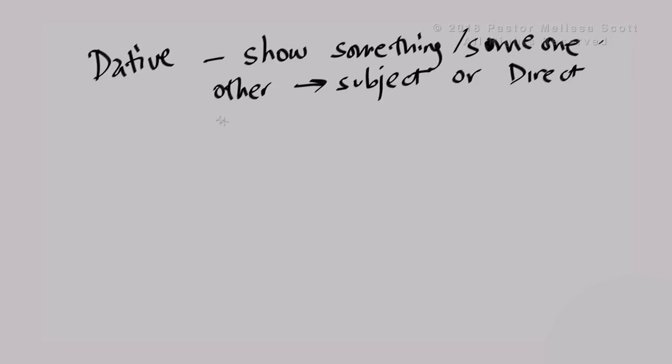Dative, used to show something or someone other than the subject or the direct object of the sentence.